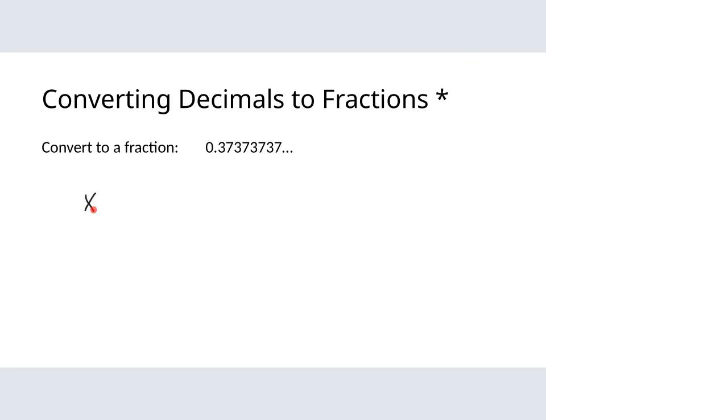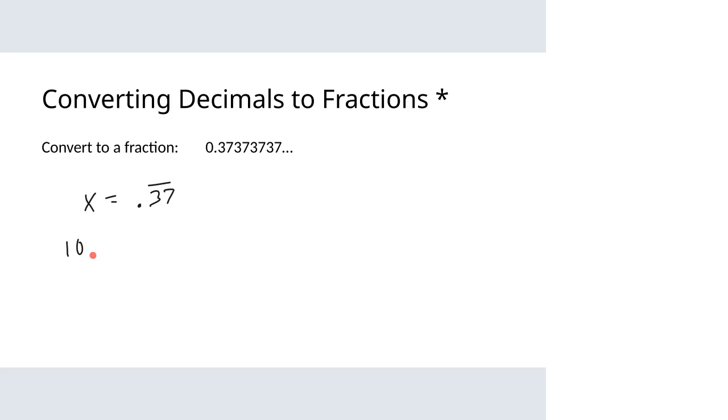So I'm going to say, all right, I'm going to let x be 0.37 repeating. And what that means is if I multiply by 100, the reason I multiply by 100 is because it's a 2-digit repeater. If it were a 3-digit repeater, I'd need to multiply by 1,000. But since it's 2 digits, I'll go ahead and multiply by 100.